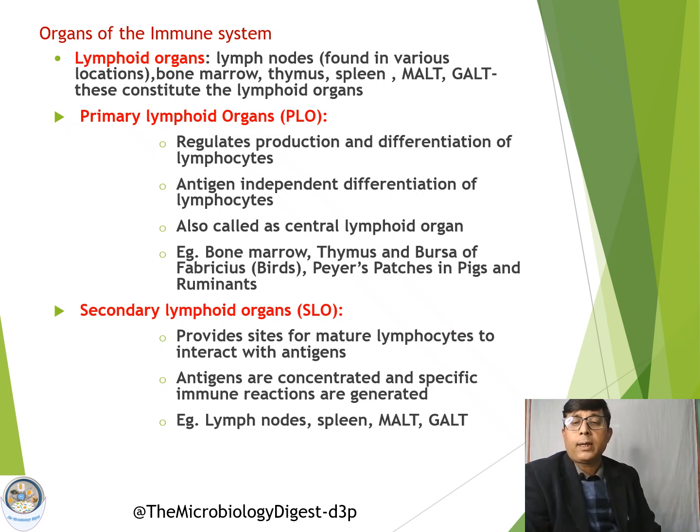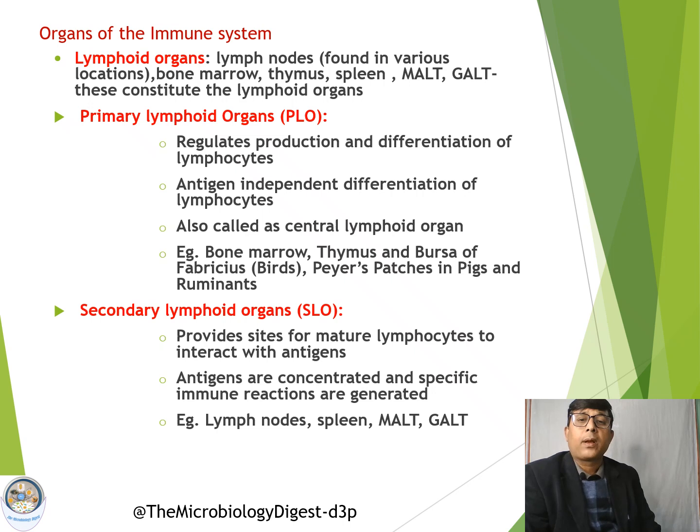Primary lymphoid organs, as we have already discussed, provide the microenvironment for growth and maturation of the lymphocytes. Apart from that, they regulate the production as well as differentiation of the lymphocytes.